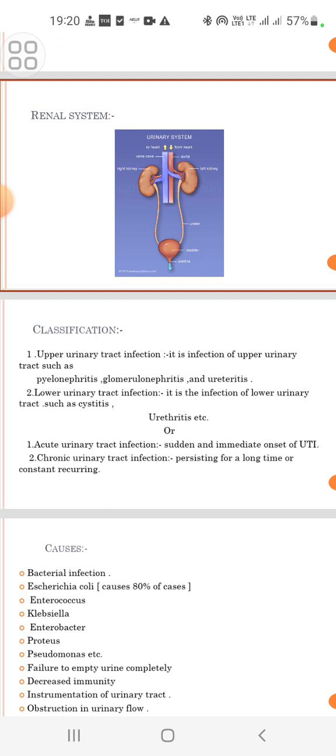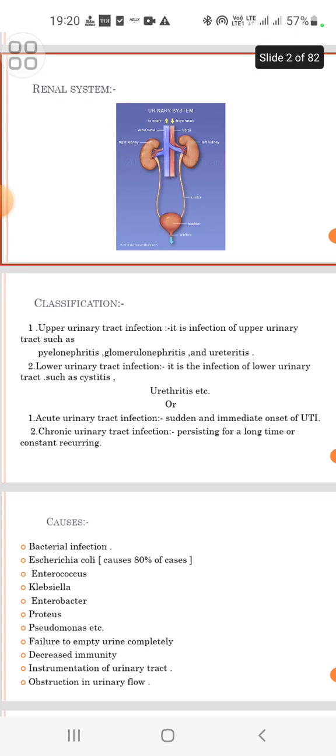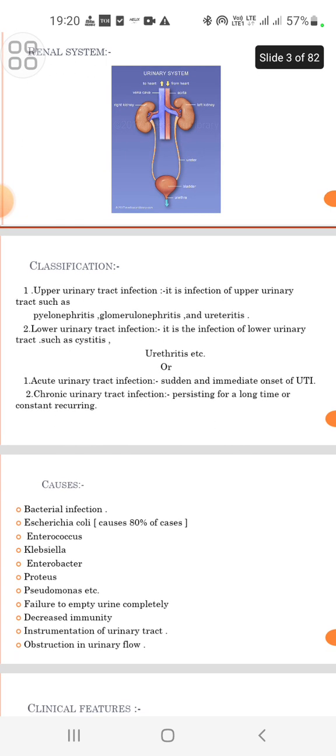After that, in many books there is also a classification into complicated and uncomplicated urinary tract infection. If the infection occurs in the upper part of the urinary tract and is not resolved with time, it can lead to further problems, like infection in the kidney or renal pelvis.